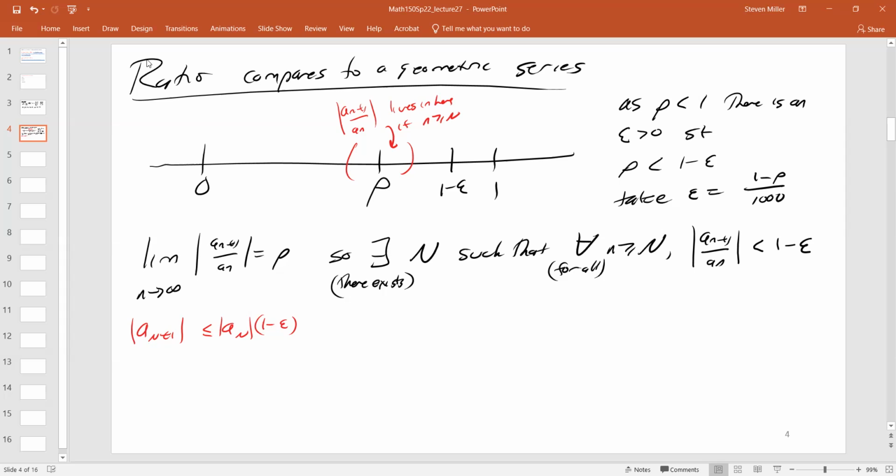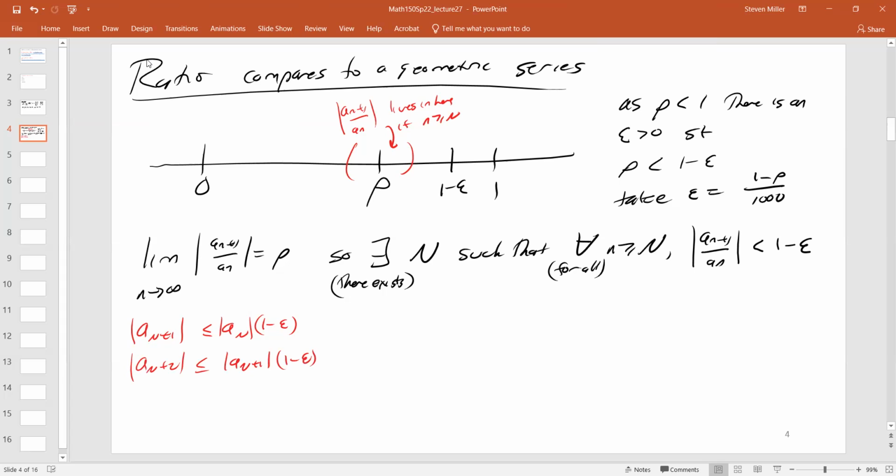Everybody happy with this? Then let's look at the next term in the sequence. I would have a_{N+2} less than or equal to a_{N+1} times 1 minus epsilon, because the ratio is at most 1 minus epsilon. But what do I know about the absolute value of a_{N+1}? That it is less than or equal to a_N times 1 minus epsilon.